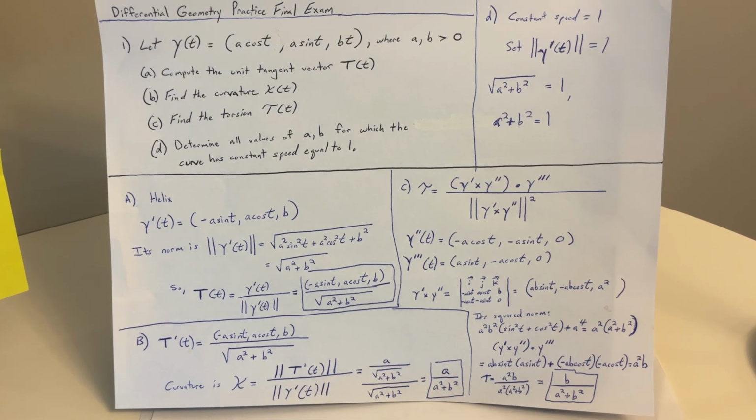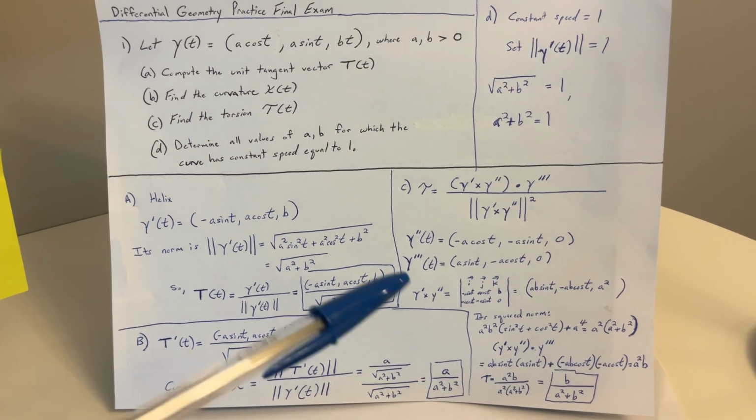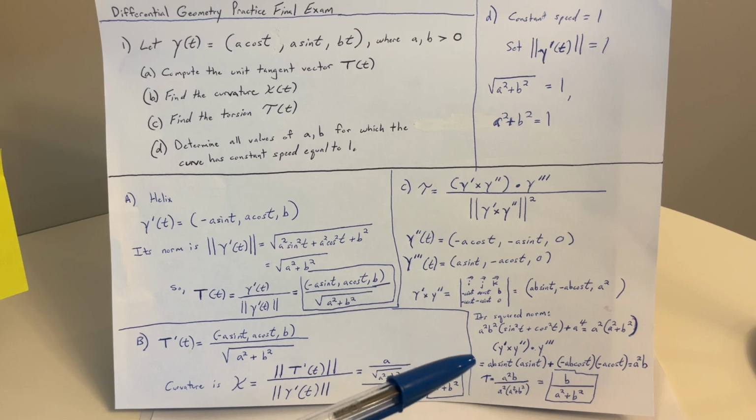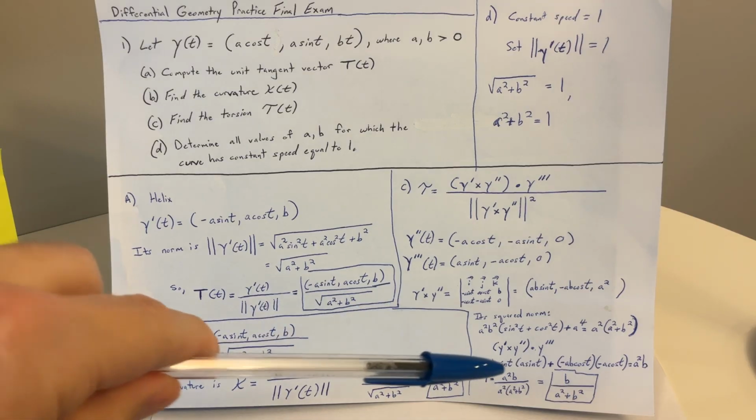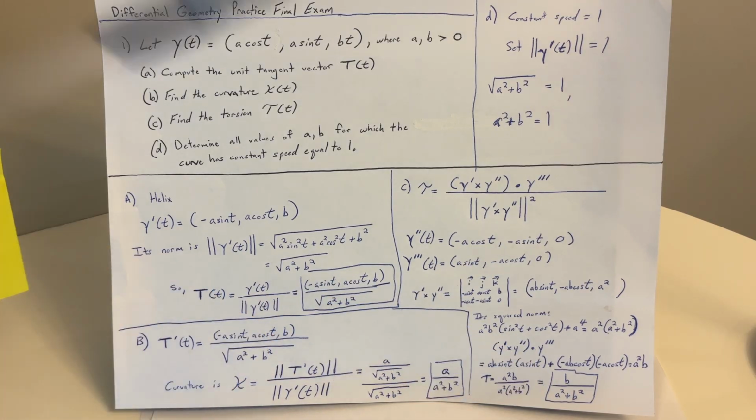I shouldn't say y, it's gamma technically. So ab sine t times a sine t, plus negative ab cosine t times negative a cosine t. That simplifies to a squared b. Substituting that in and simplifying, we get b over a squared plus b squared. So this is primarily all computational stuff.